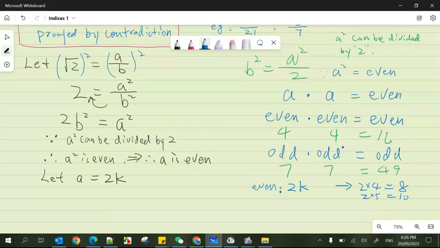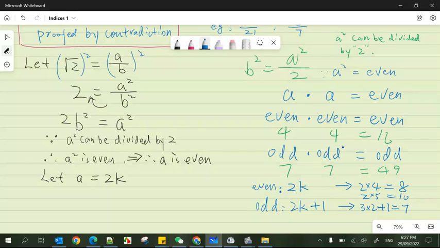And by the way, how can we express an odd number? An odd number can be written as any integer times 2 plus 1. For example, take the integer 3. 3 times 2 is 6, an even number. When an even number plus 1, it becomes an odd number. 6 plus 1 is 7.